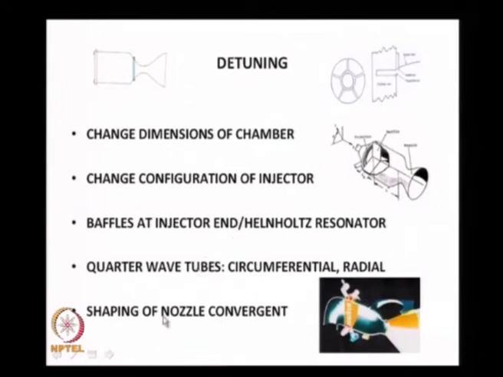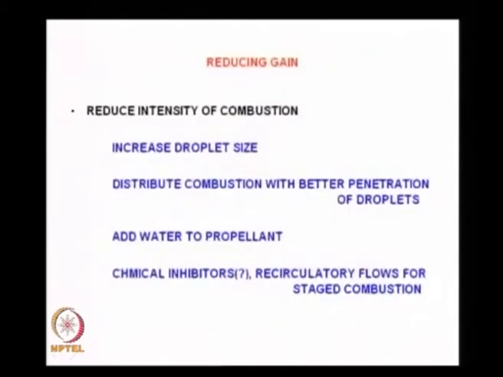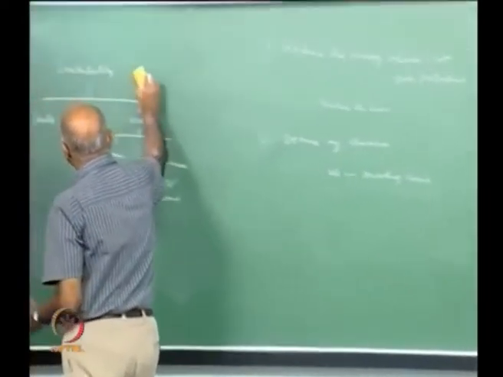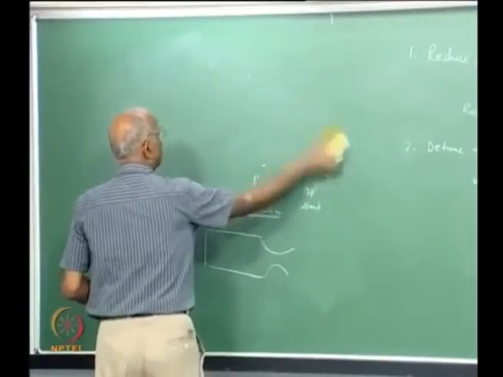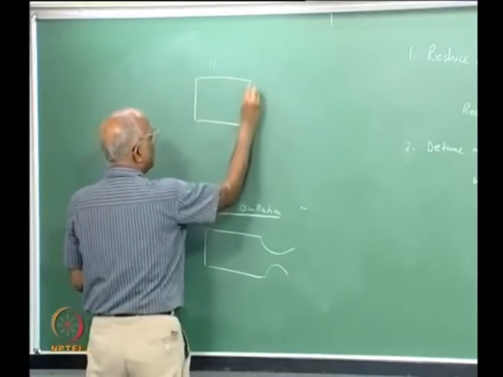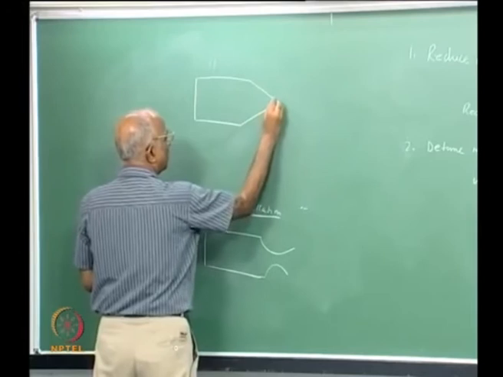Or one of the things which the Russians seem to follow, which is of interest to us, is what I show in the figure here. If I have a chamber like this, I have a nozzle which is like this.